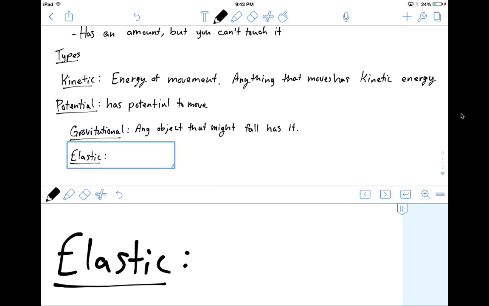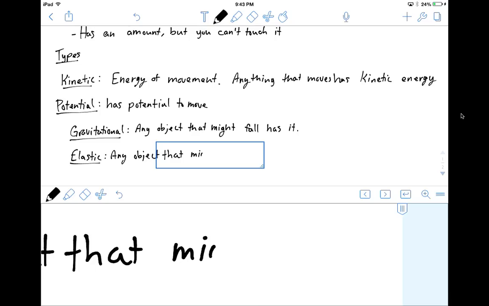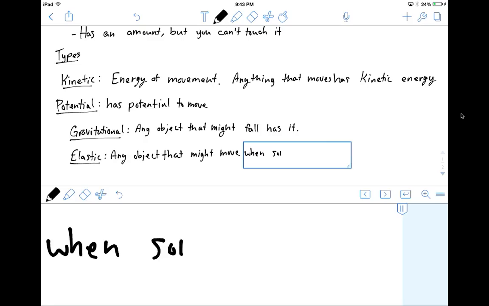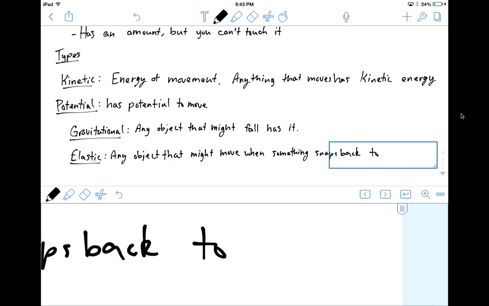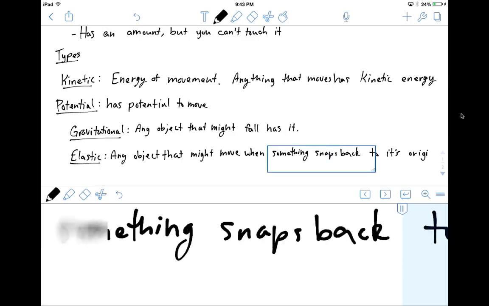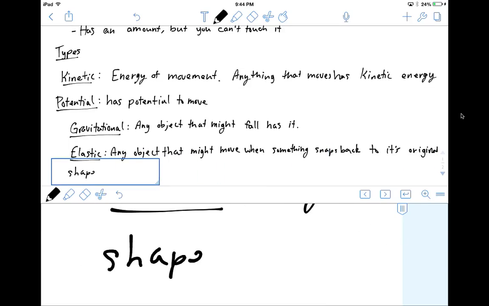That's any object that might move when something snaps back to its original shape, for example, a spring.